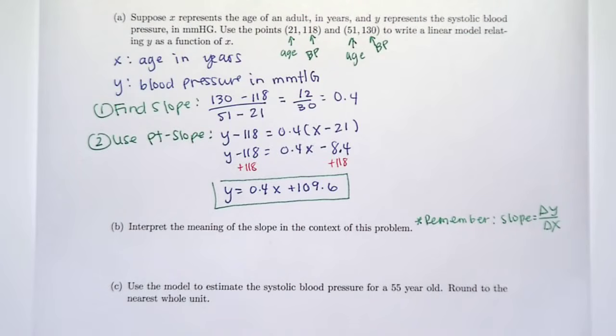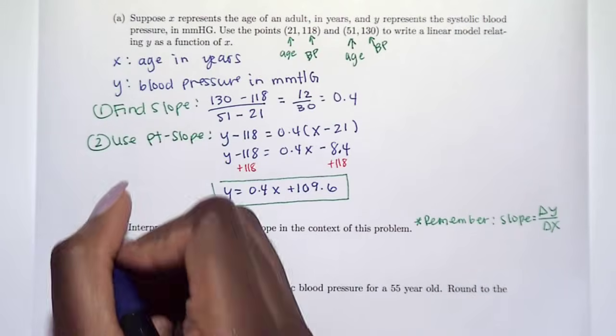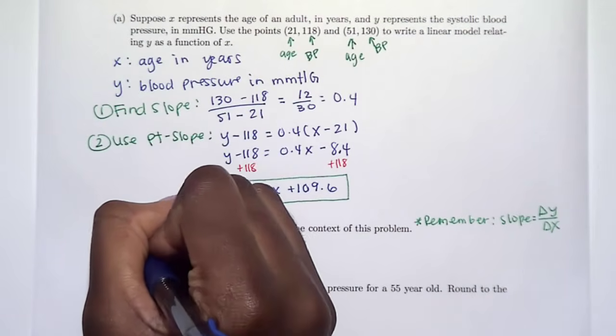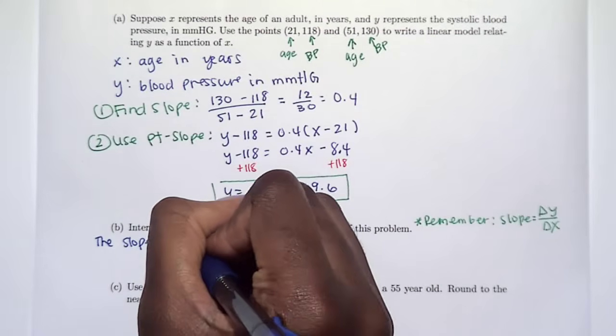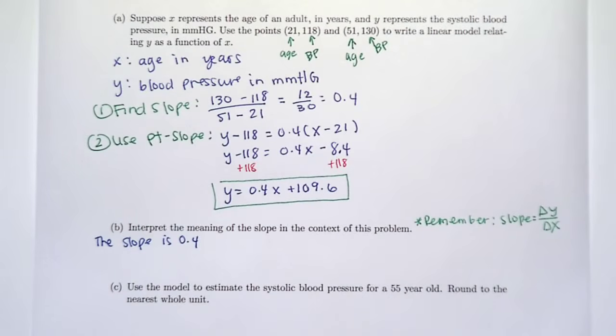So let's construct a sentence out of all that information. Let's start with the slope. The slope is 0.4. Doesn't have any units or anything.